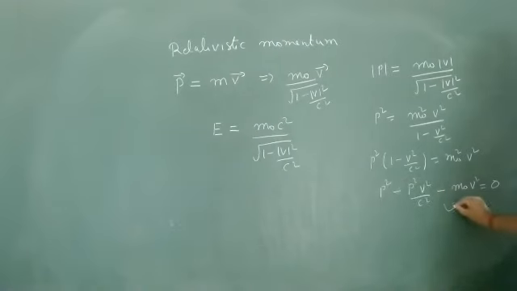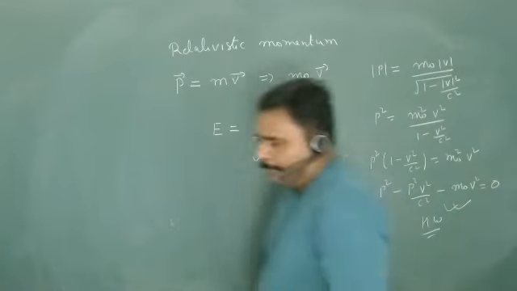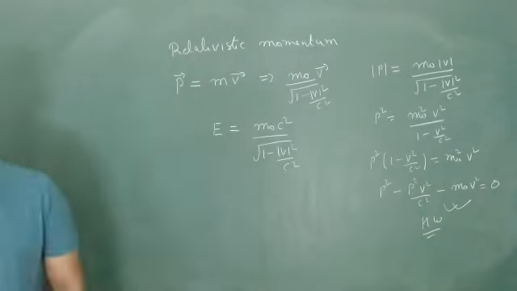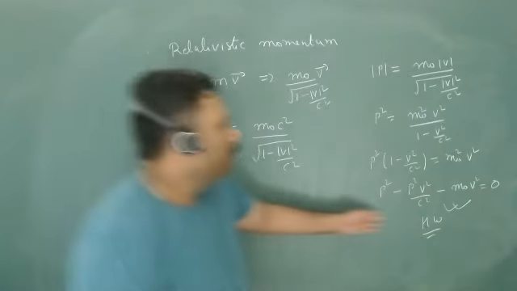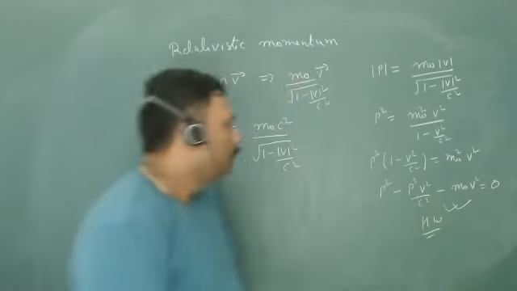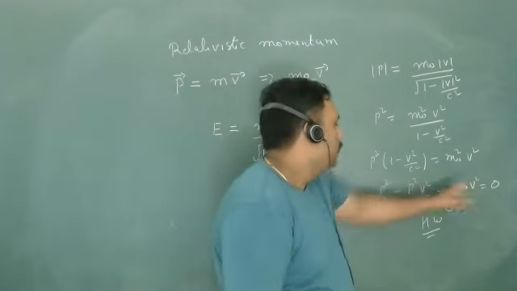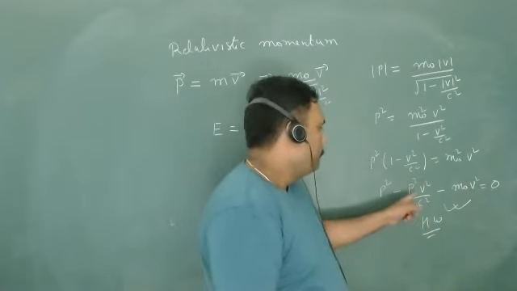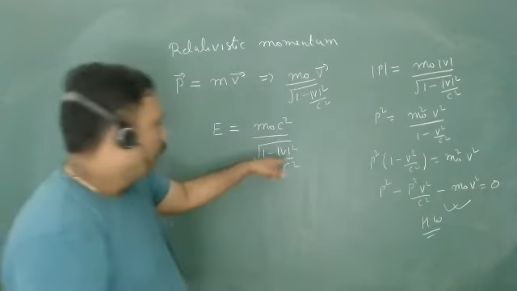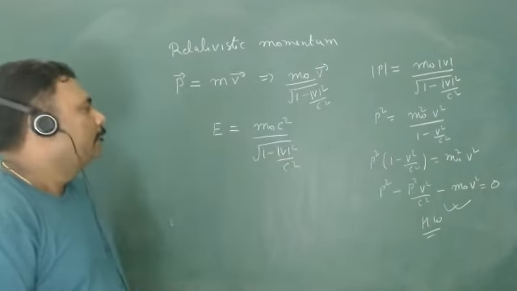यहाँ से निकल जाएगा ना? You can just try it as homework. Can you easily calculate this thing, velocity as a function of momentum? है ना? Yes, sir. You can easily separate this thing. Once you calculate velocity as a function of momentum, we can put it here, and we will get one very nice equation.